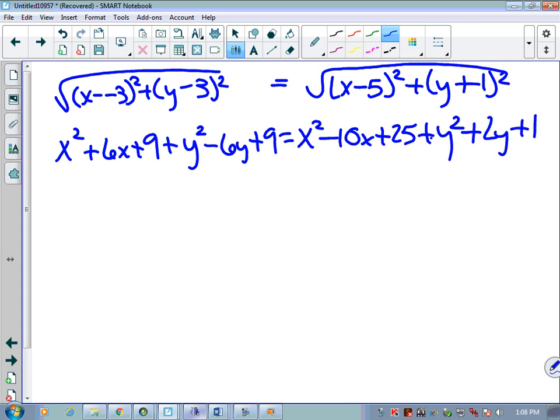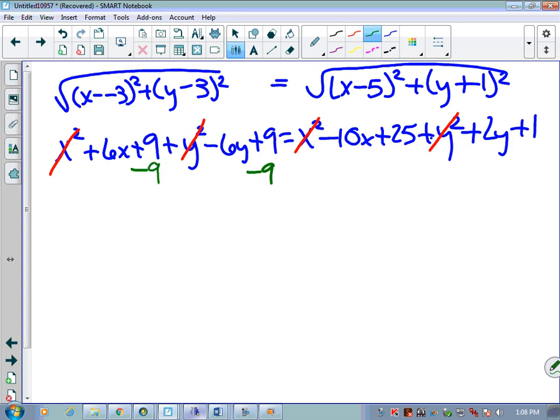From here, we're going to cancel out what can cancel out. My x squareds will cancel. My y squareds will cancel. Everything else is a matter of getting this into a y equals mx plus b form. So I want to move the y's to the left. I want to move the x's and the constants to the right. So I can subtract 9.